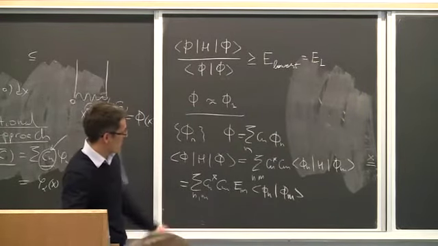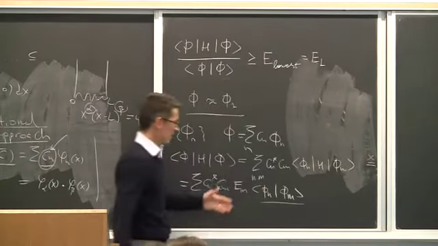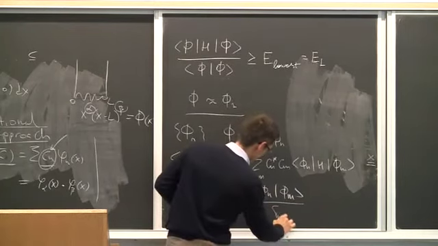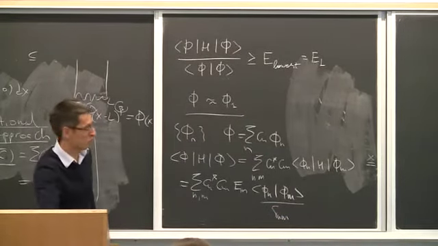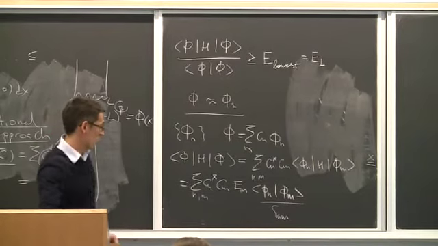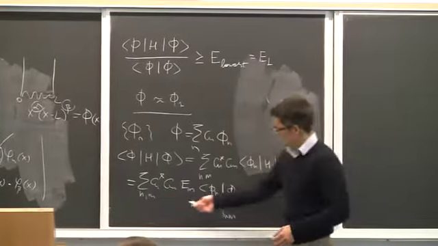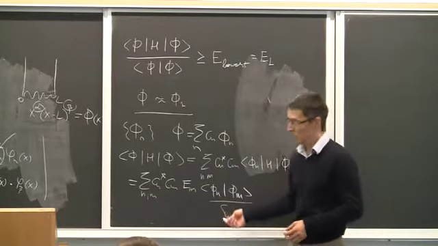So now what do we have here? These functions are orthonormal, so this becomes a Kronecker delta, by definition of orthonormal functions. And since this is a Kronecker delta, the only terms that are non-zero in this sum are where m and n are the same.